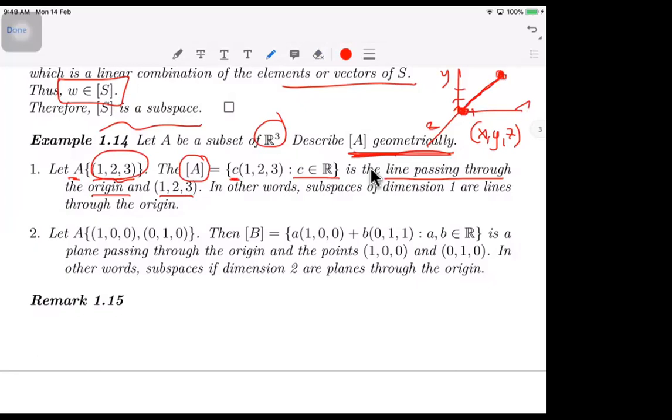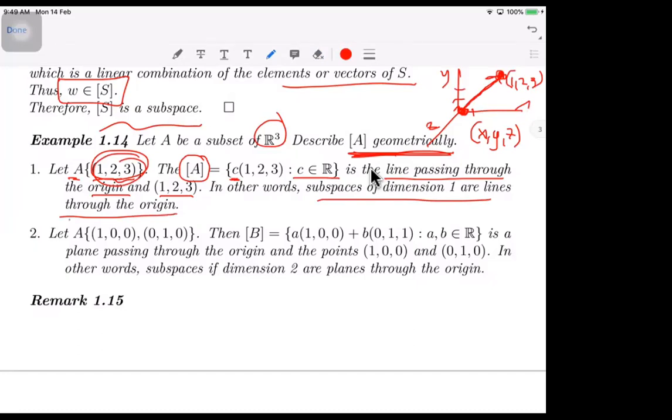So this is your span of A. In other words, subspaces of dimension 1 are lines through the origin.